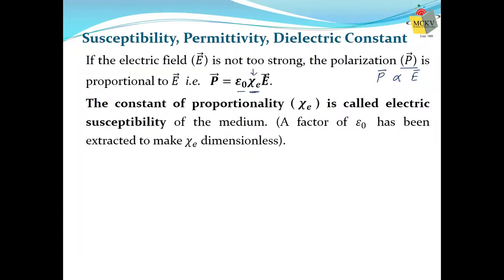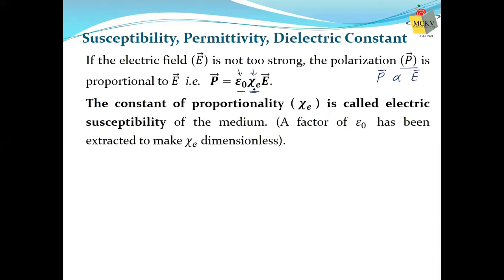To make it dimensionless, we multiply chi e and E with a known constant epsilon naught, so that chi e becomes dimensionless. If it is dimensionless, that means it has no unit, then we need not bother about which system we are using, whether CGS or SI. I have no problem, because chi has no unit. That's why it is written in that way.